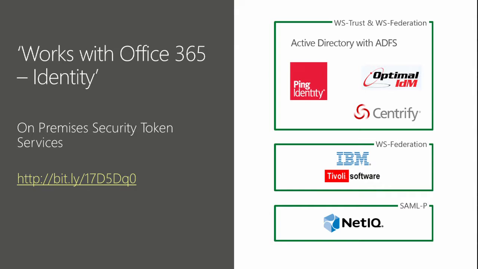WS-Federation or SAML-P are the protocols which are used to support our web-based clients, and SAML-P can also have that ECP extension to support Outlook, so you should consider that. WS-Trust is the protocol required to support the Office rich clients that I talked about. So WS-Trust and WS-Federation together give you the full support that you would have with Active Directory and ADFS.